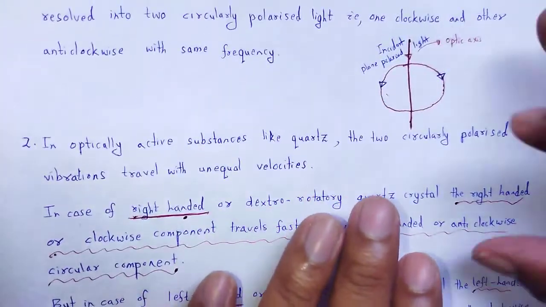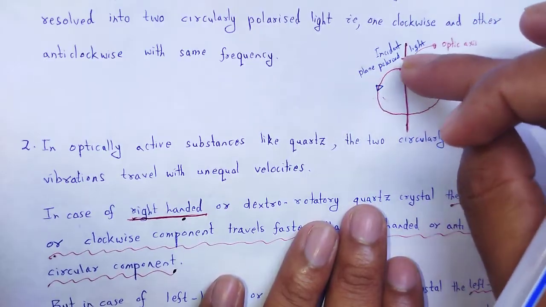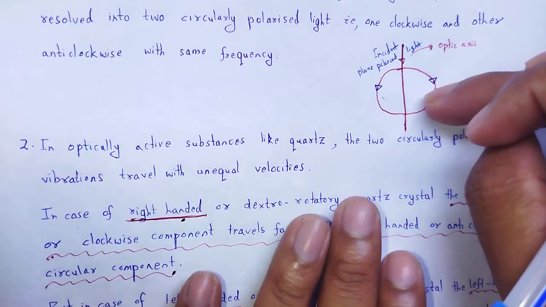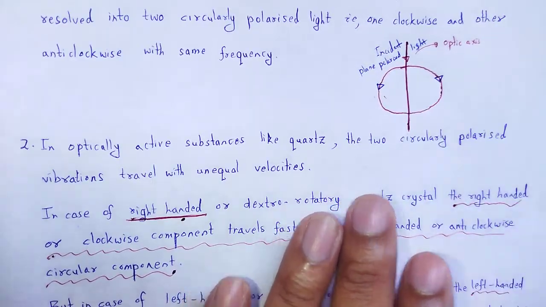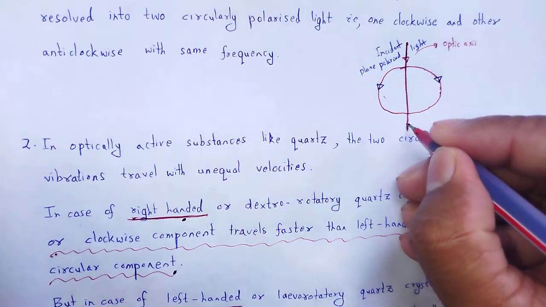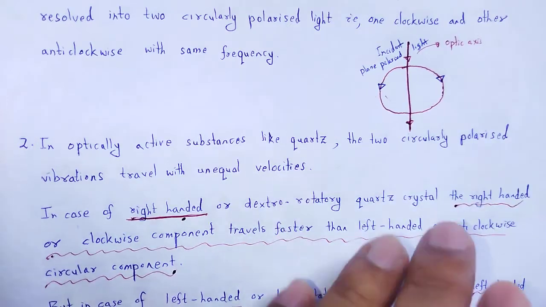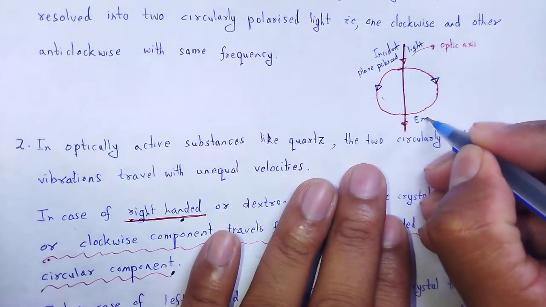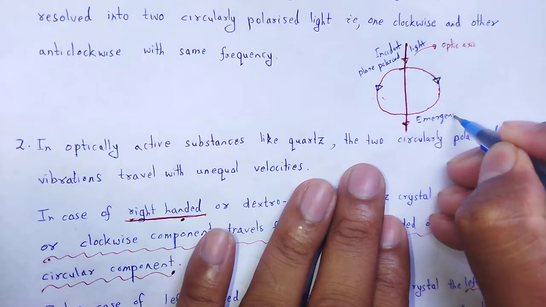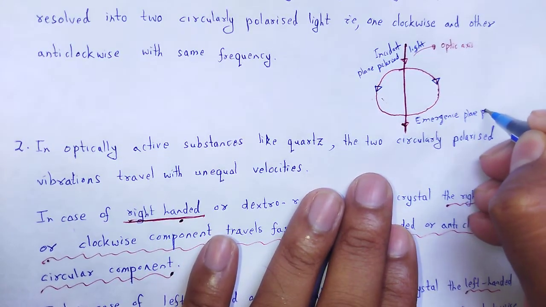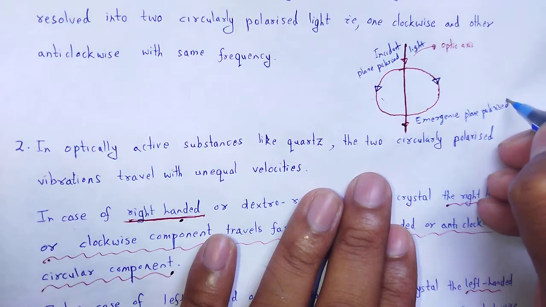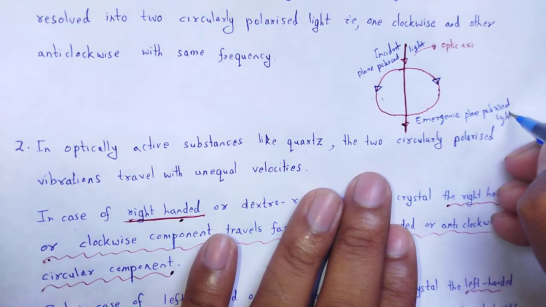Inside the crystal, they divide into two circularly polarized components, one in the clockwise direction and another in the anti-clockwise direction. After that, this is the emergent plane polarized light.